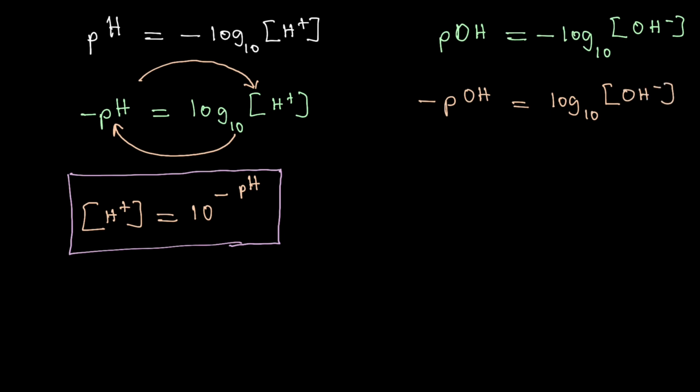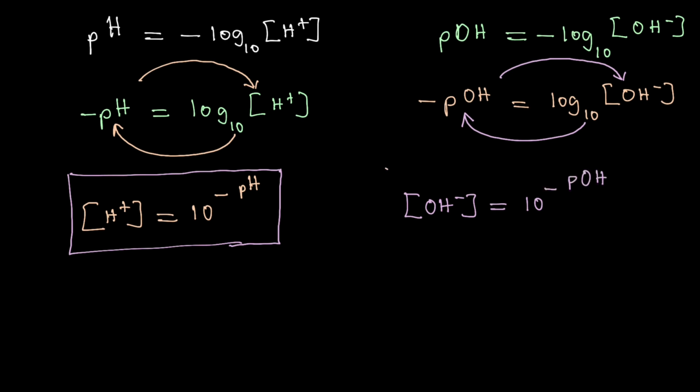Finally, we raise 10 to the power of minus pOH, and the answer will be equal to the concentration of OH minus. We can write concentration of OH minus equals 10 to the power minus pOH, and that's how you find the concentration of OH minus from its pOH.